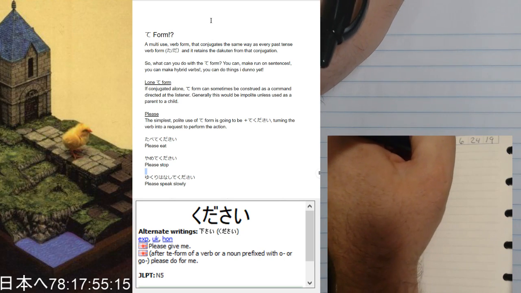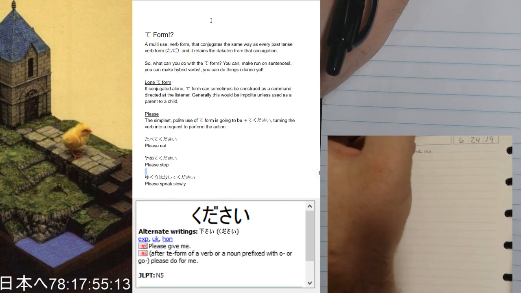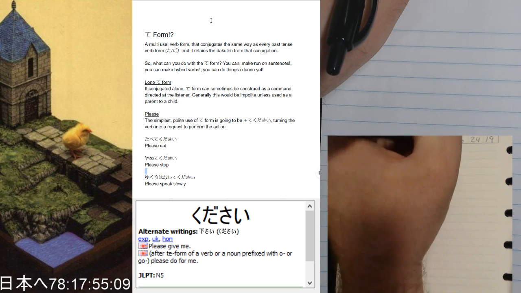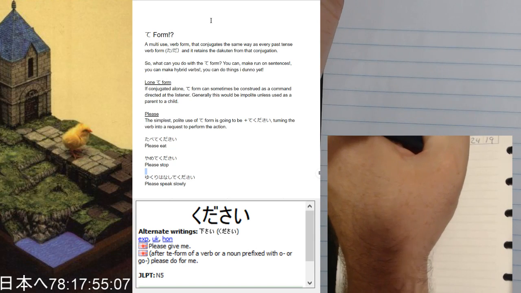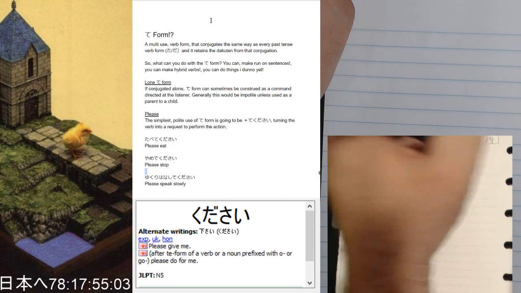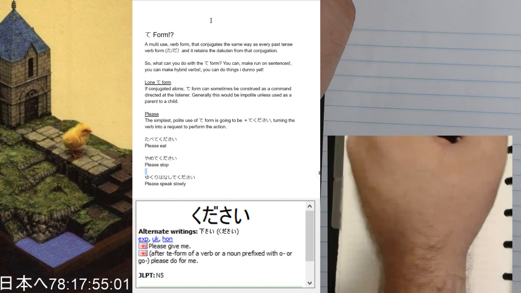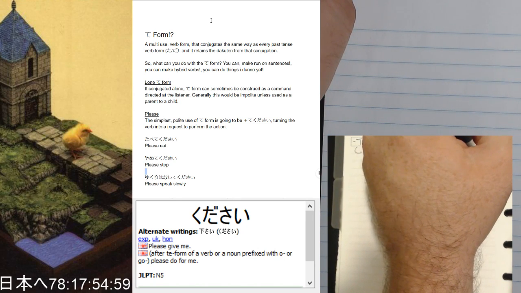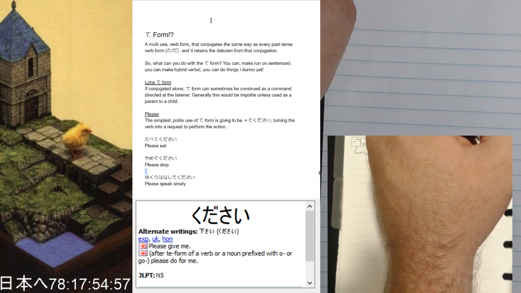Would you like a refresher on how we do that? Hold on, say that again. It is conjugated the same as the what? The ta form, also known as the dictionary past tense form. Okay, but not past negative.